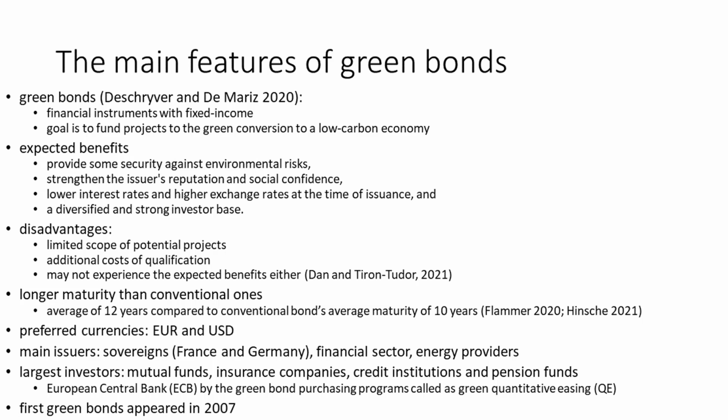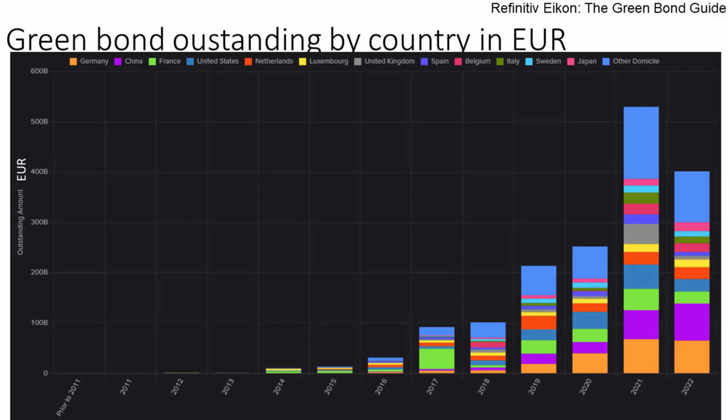First green bonds appeared in 2007, but practically we have reliable data only since 2012. Before that, the market is so small that it isn't able to show anything. So if we are checking Refinitiv Eikon, the green bond guide database, then we can find a lot of things.